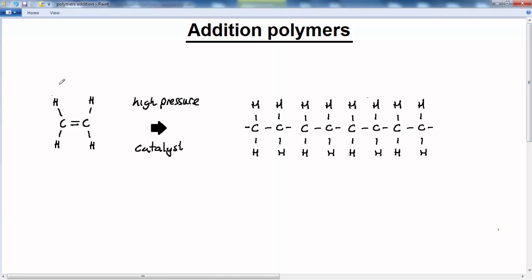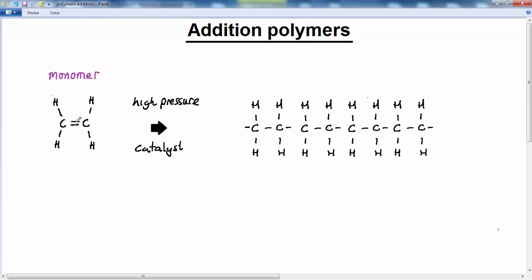Before we continue, let's give some definitions here. This is called the monomer. So the ethene molecule here is the monomer, and that's going to be used to construct our polymer. Now, these reactions take place at high pressure using a catalyst, and the catalyst is vital in the process of opening up these double bonds.